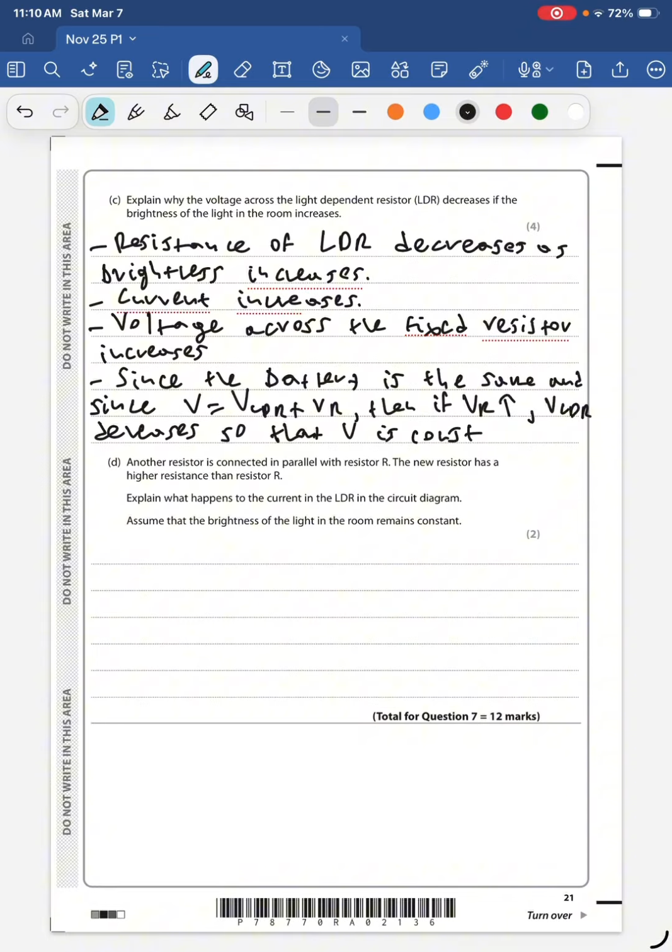Okay. Did we explain the right thing? Okay, let's read again. Explain why the voltage across the light-dependent resistor decreases if the brightness of the light in the room increases. Okay.